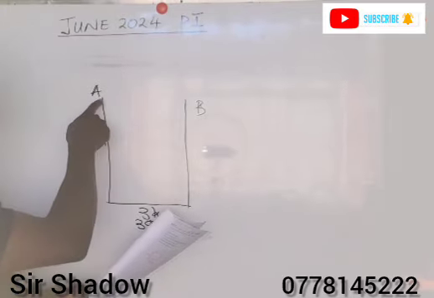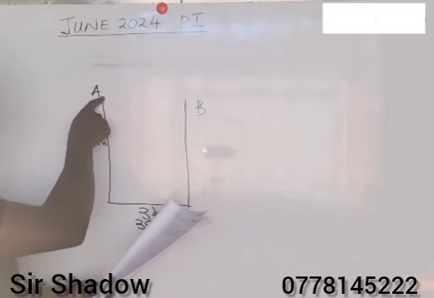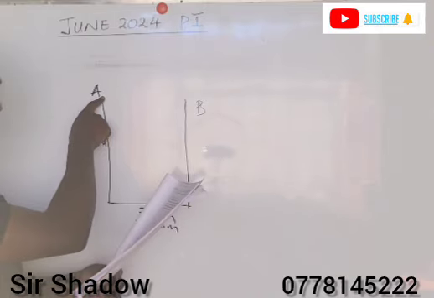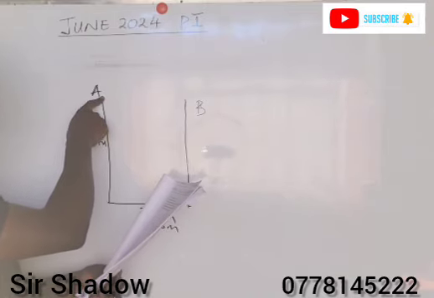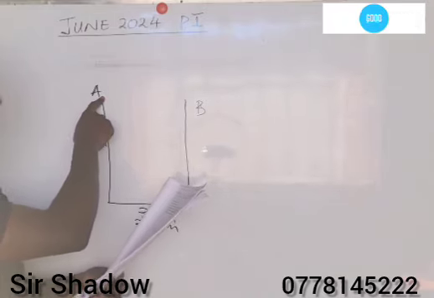So the person on hill A sees the peak of hill B at an angle of elevation of 15 degrees, which is 15 degrees here.